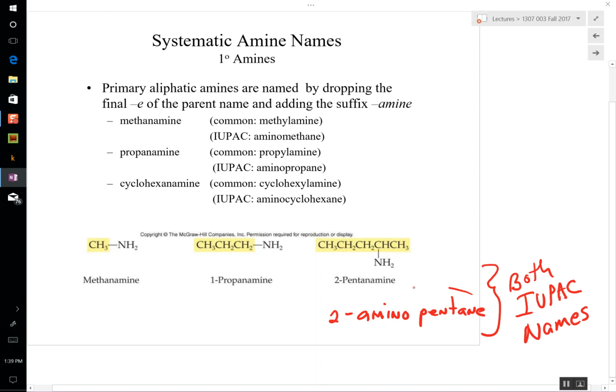And this is the one that I'm saying default to. That's my suggestion. Default to that. If I say, what's the name of this amine, and you can't give it a common name, then you can default to this, treating the NH2 group as a substituent.